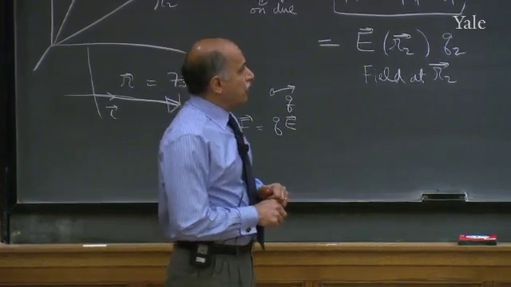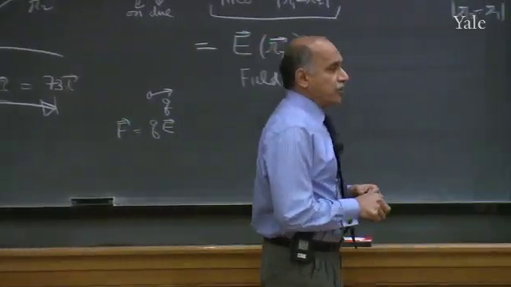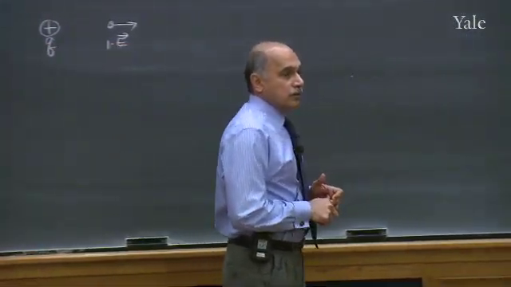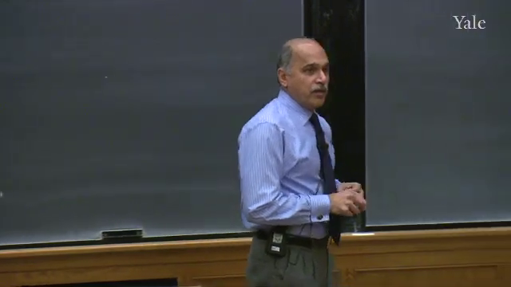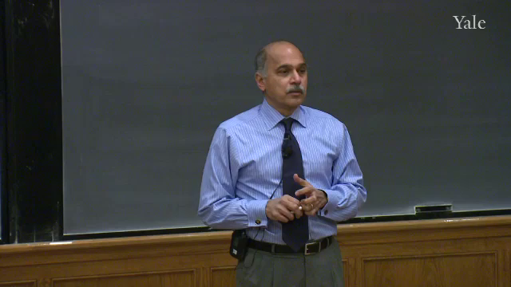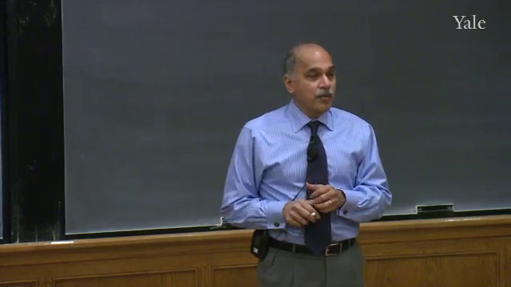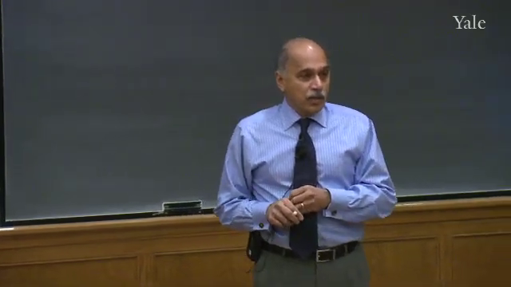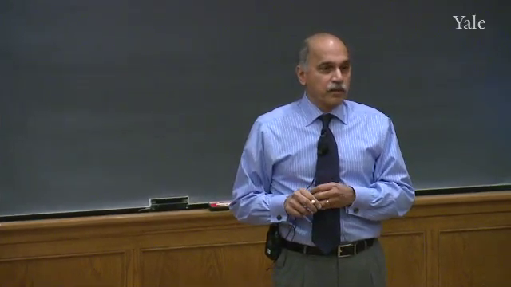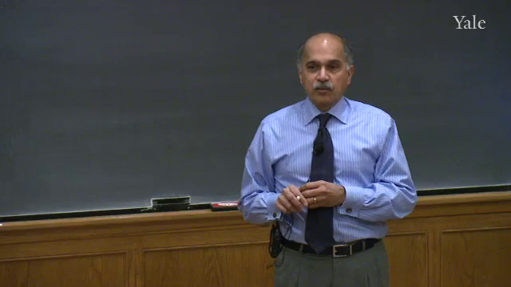Now, Coulomb's law doesn't work when charges are moving. Why is that? Have you any idea why you cannot use it? Yes? The radius is changing. Pardon me? R is changing, so we'll keep changing it as the charge moves. But it's only an approximation when charges move.